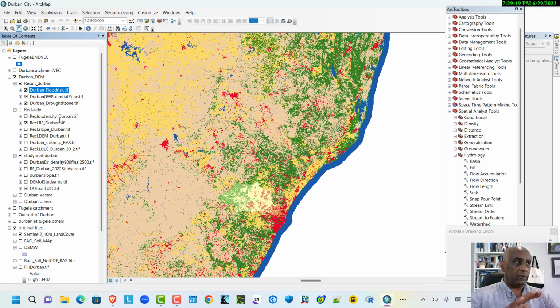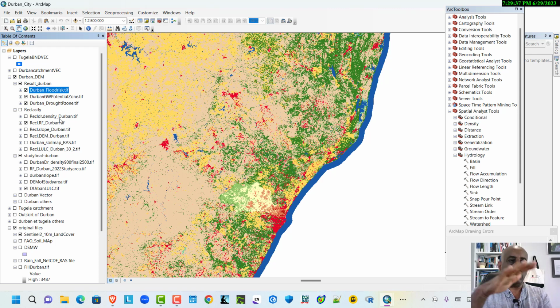For example, density, rainfall, slope, digital elevation model for elevation and so on, soil map, land use, land cover map.